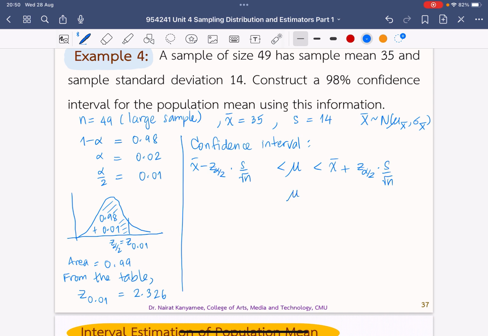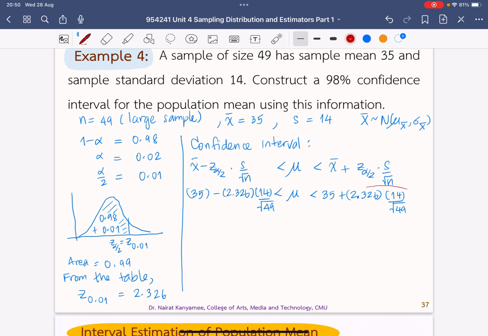Substitute the values. x bar is 35 minus 2.326 times s, which is 14, over square root of 49, which is 7, and less than 35 plus 2.326 times 14 over square root of 49.